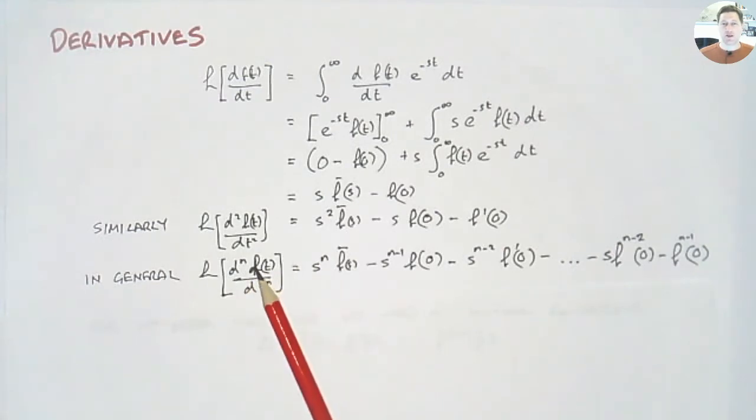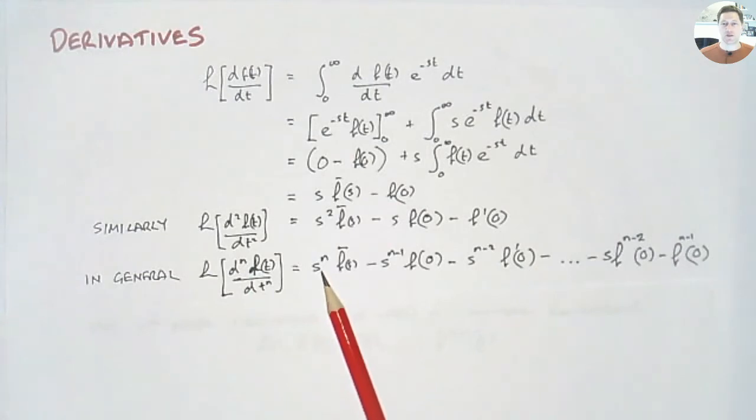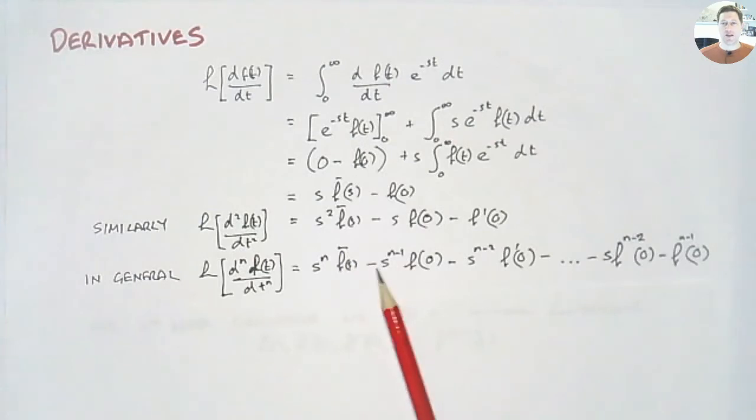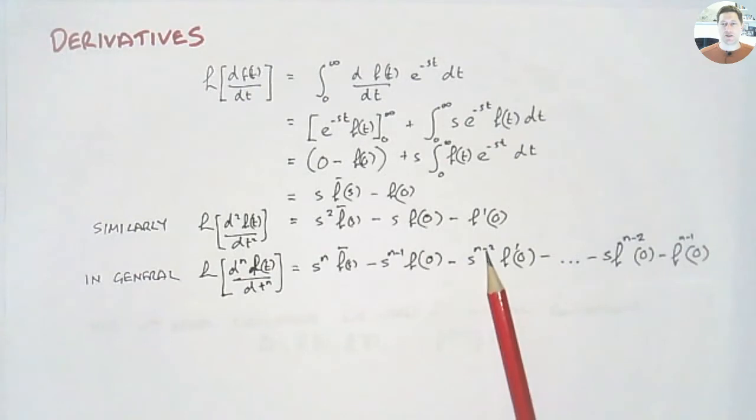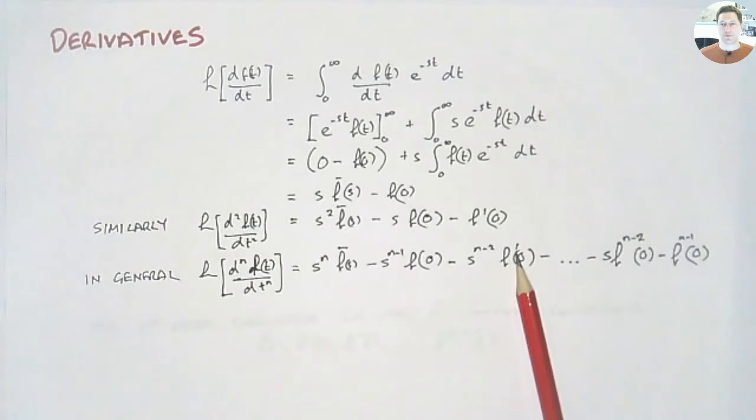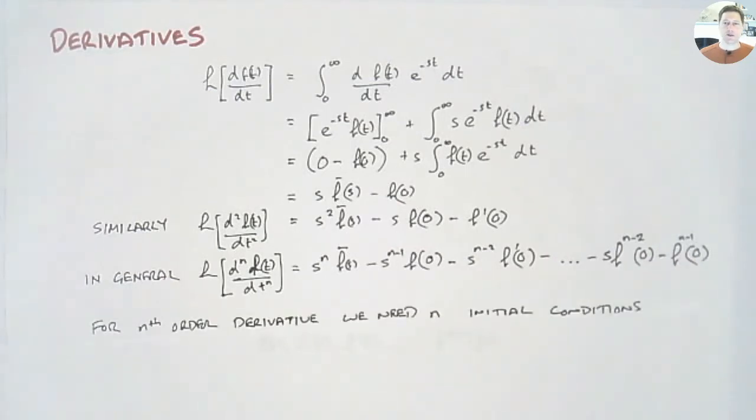For whatever derivative you have, you can use the same pattern: it's s to the n multiplied by the Laplace transform of the function, minus all of these terms at time 0: s to the n minus 1 times the function at 0, s to the n minus 2 times the first derivative, and so on up to f to the n minus 1. So you can see the pattern there. For an nth order derivative, we need n initial conditions.